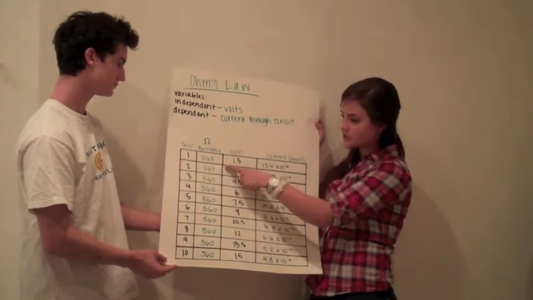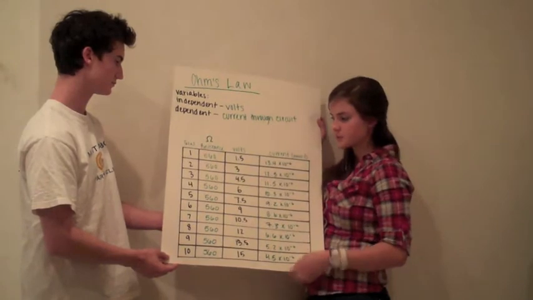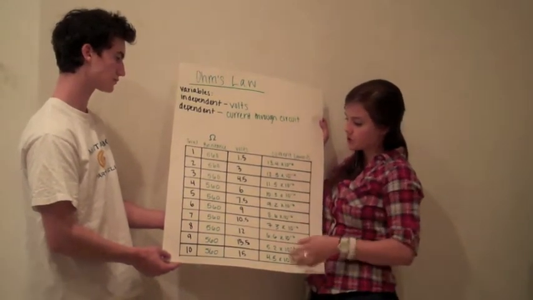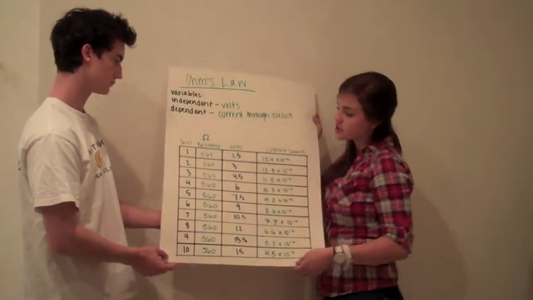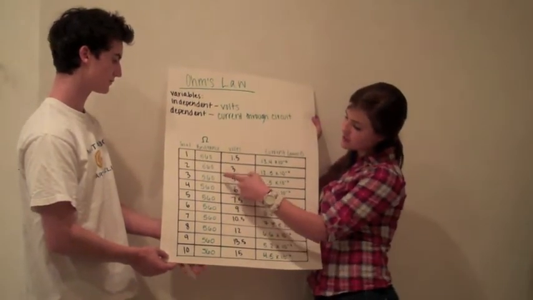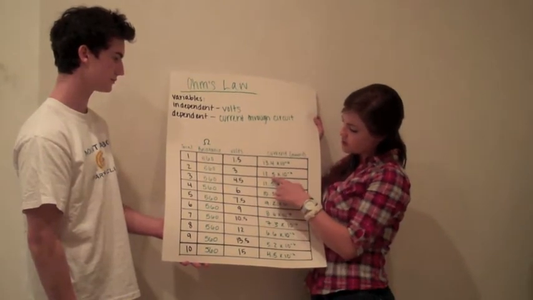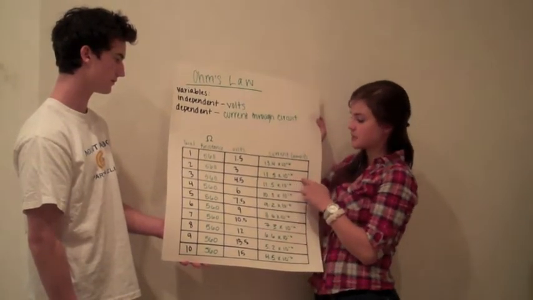In the first trial, the resistance was 560 ohms, the volts were 1.5, and the current was 13.4 times 10 to the negative 6 amps. In trial 2, the resistance was again 560, there were 3 volts, and the current was 12.5 times 10 to the negative 6 amps.